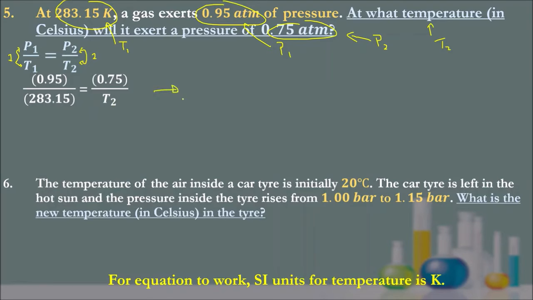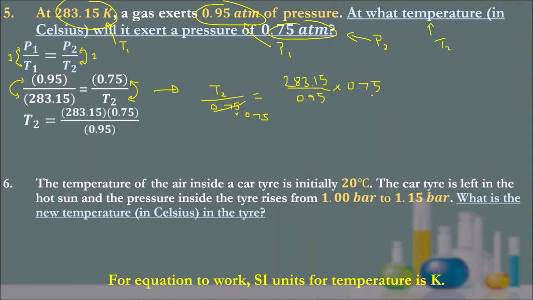If we make T2 the subject of the equation, I just flip both sides, so T2 over 0.75 equals 283.15 over 0.95. All I have to do is multiply both sides by 0.75, cross it out, and I get the following working out.